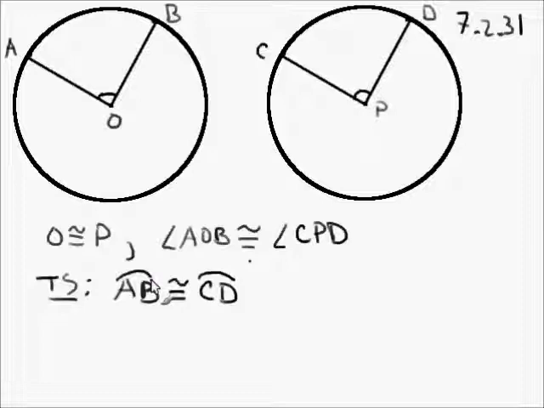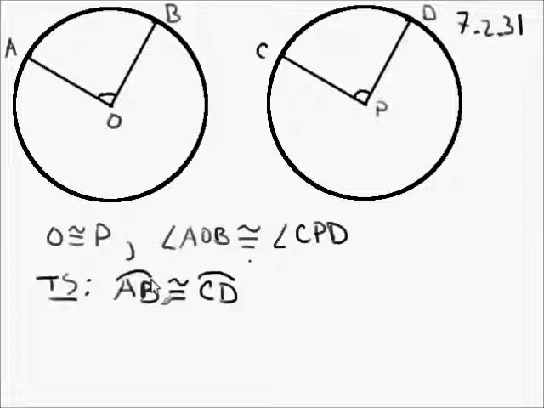Can we show that that means that AB is congruent to CD? Well, can we show that the arcs are congruent given these two distinct central angles that are congruent?